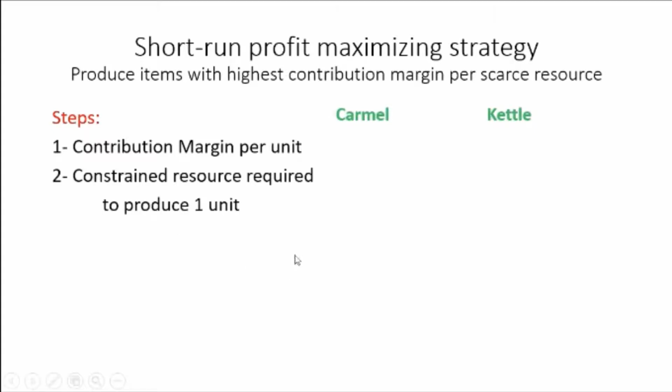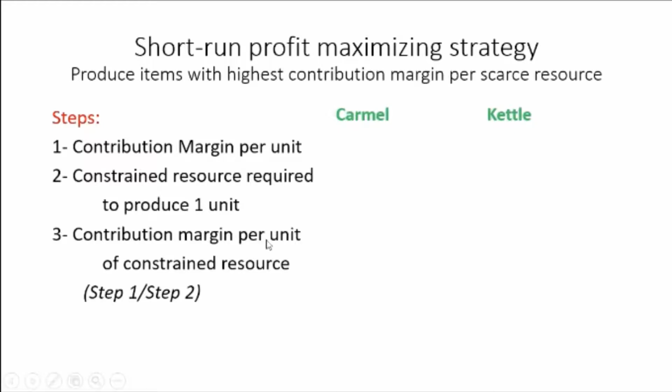Second, how much constrained resource is required to produce 1 unit? If we take step 1 and divide by step 2, we get the contribution margin per unit of scarce resource. From this, we can identify the ranking of the product profitability and thus figure out the strategy of producing our product.